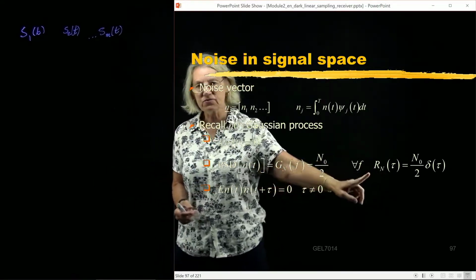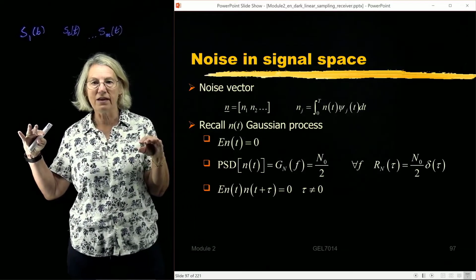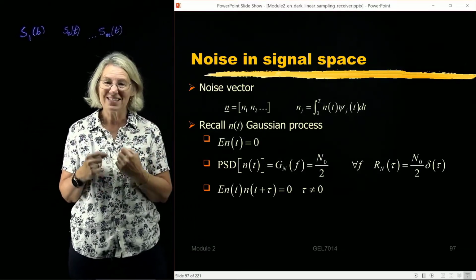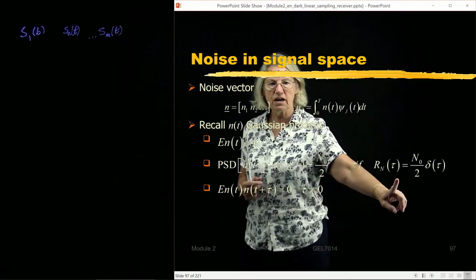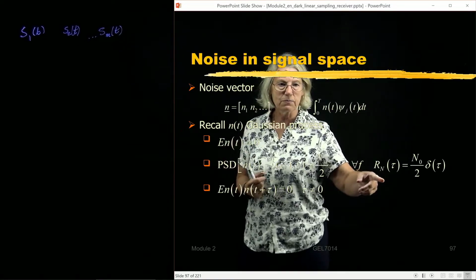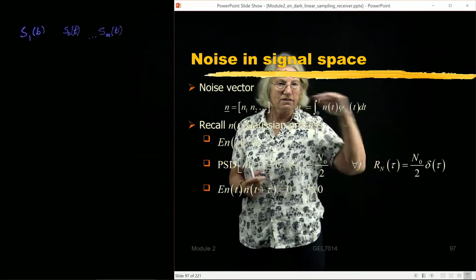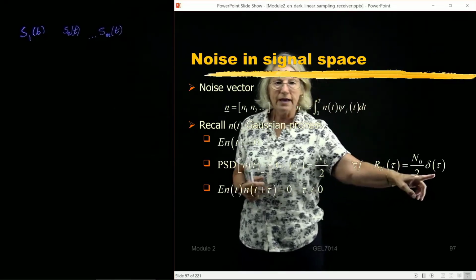These are Fourier transform pairs. So if I have something that's flat in the frequency domain, that means that in the time domain it's a delta function. So I know that the autocorrelation function of a white Gaussian random process is just the constant level in the frequency domain, which is N0 over 2, and it's a delta function.